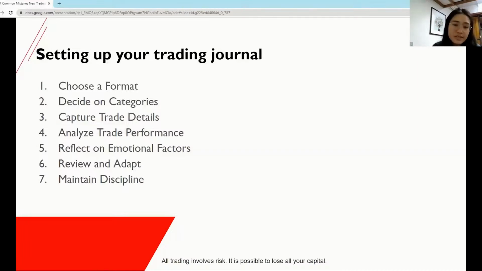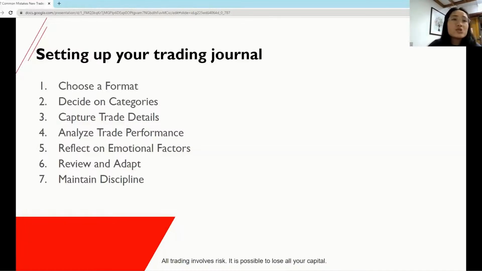Third, we capture trade details. So we want to record the relevant information for each trade you make. So be consistent and diligent in entering the details accurately and promptly after each trade. So you want to make sure that you include all the predetermined parameters, such as entry and exit points, as well as any adjustments made during the trade.